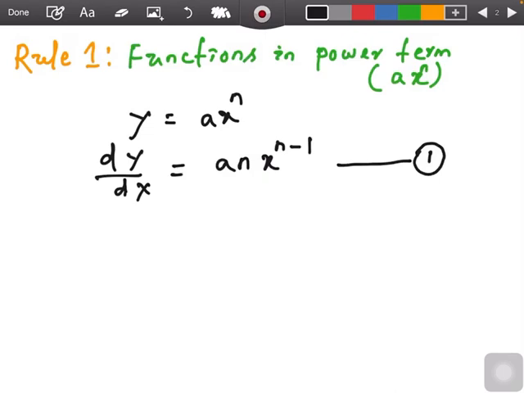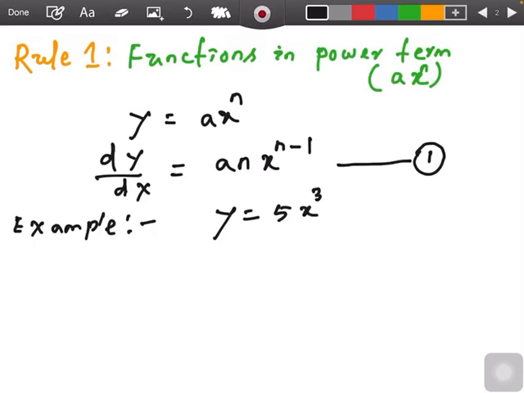Suppose one example we will be taking here. In power term, y is equal to 5 x to the power 3.